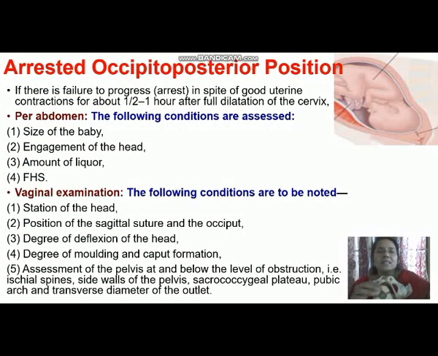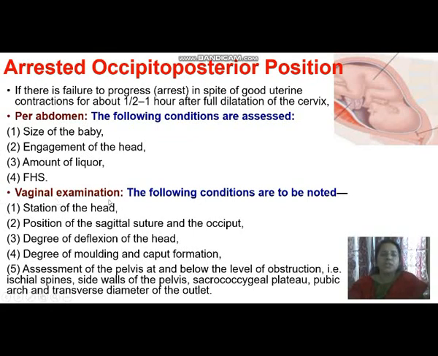Next is the arrested occipito-posterior position. If there is failure of progress, arrest in spite of good uterine contraction for about half to 1 hour after full dilatation of cervix, per abdomen the following conditions can be assessed. You can see the size of the baby, engagement of the head, amount of liquor, and the FHS should be checked.